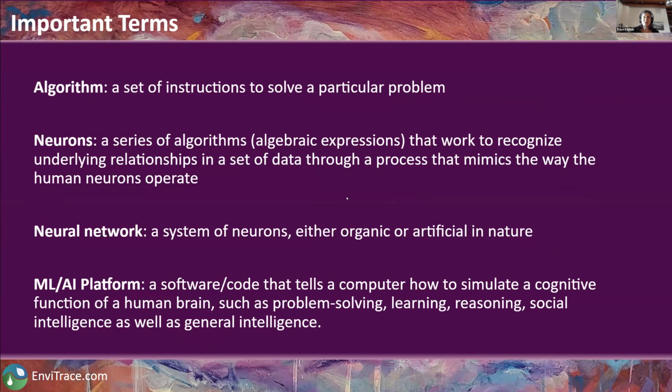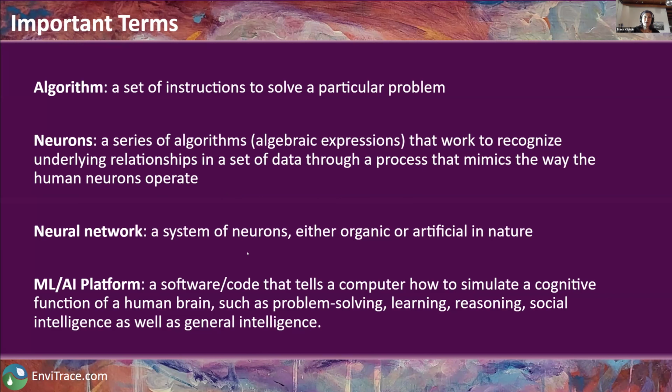We use algorithms quite a bit, which are a set of instructions to solve a particular problem. You've probably heard of computer algorithms, but algorithms can also not be used for computers. It's a very general term. Neurons are a series of algorithms or algebraic expressions that work to recognize underlying relationships in a set of data through a process that mimics the way human neurons operate.